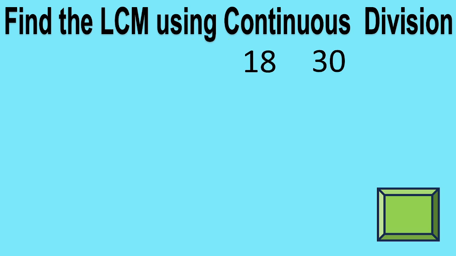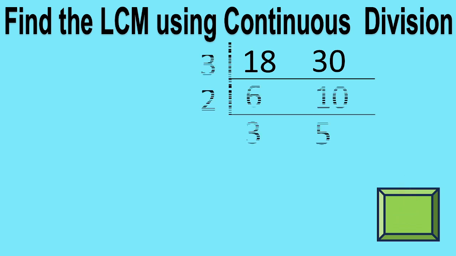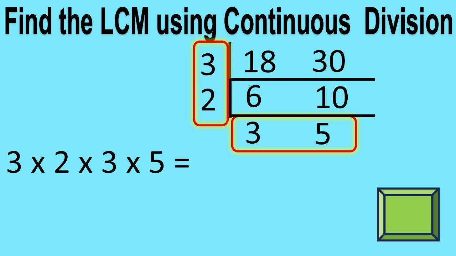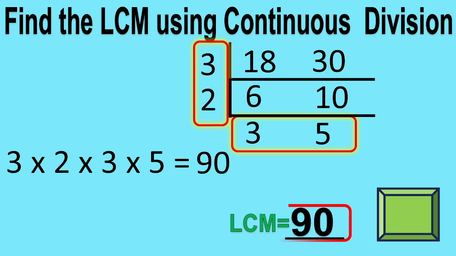Another, 18 and 30. Time's up. The answer is... So, 3 times 2 times 3 times 5 equals 90. So, the LCM is 90.